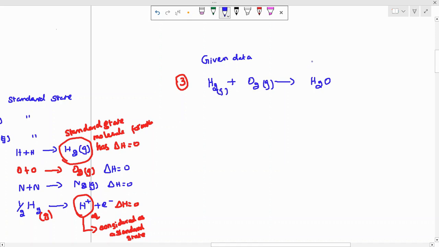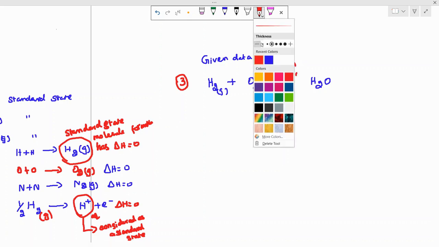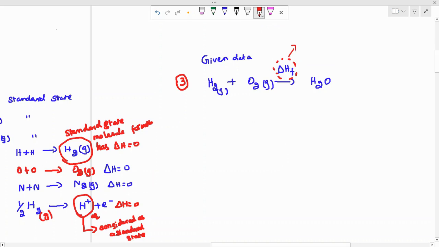Whenever you are taking the formation enthalpy, this is called formation enthalpy. How can I define formation enthalpy? When the elemental state forms 1 mole of a molecule, I can take that reaction enthalpy as a formation enthalpy.